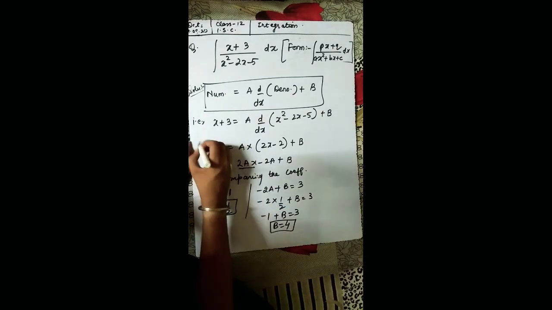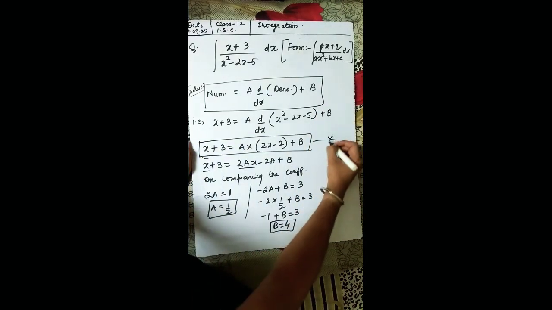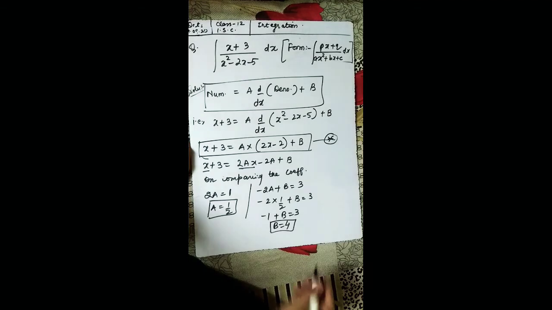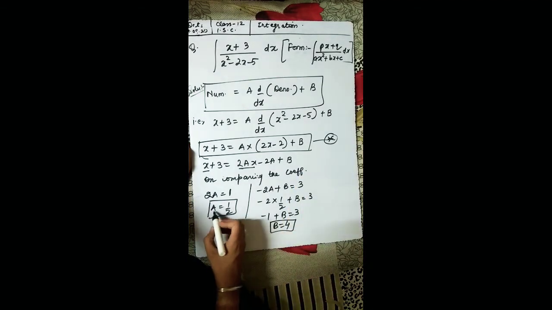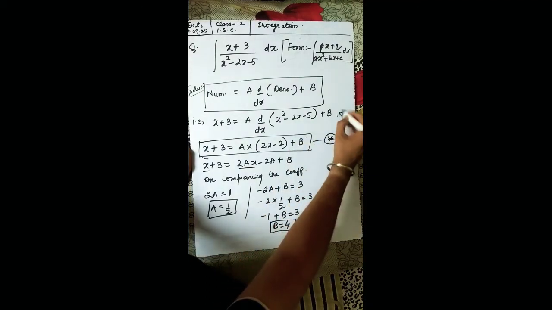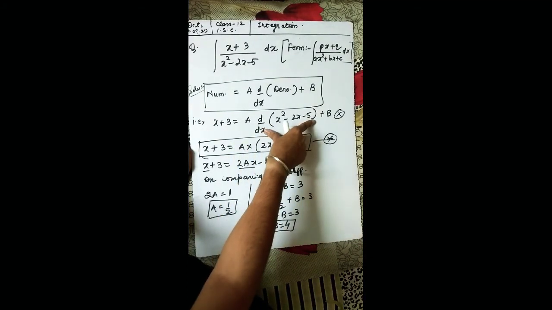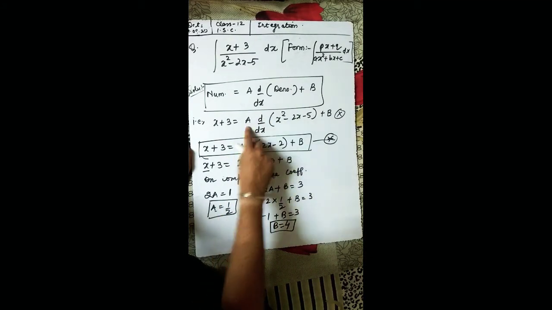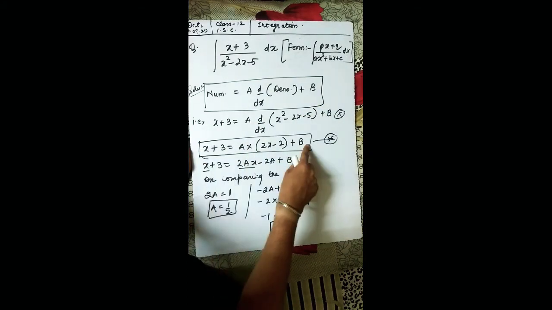Now just remember, as you differentiate your equation, make it the star equation, because we have to put the values of a and b in this equation only and not in this one, because this we have to differentiate. So don't put the values of a and b here. As you differentiate, in the very next step you have to put the values of a and b.